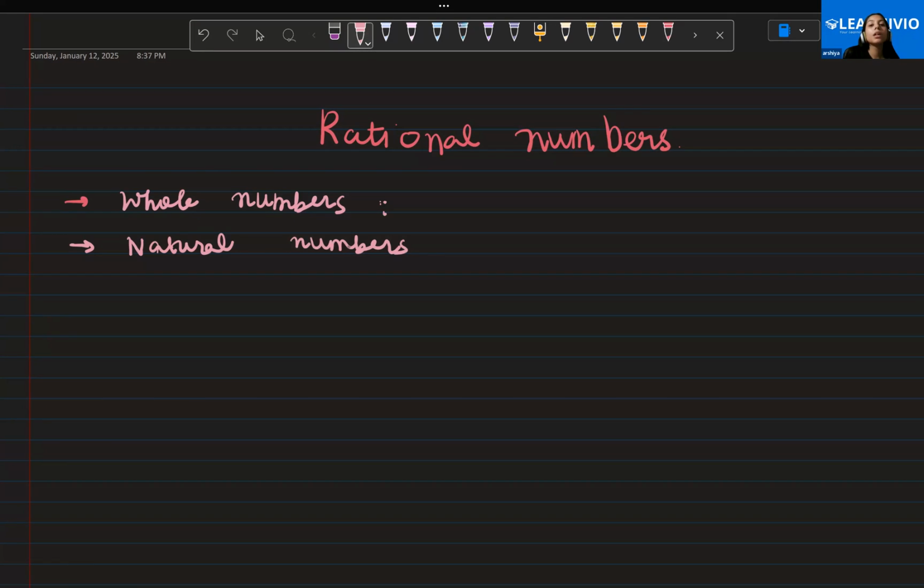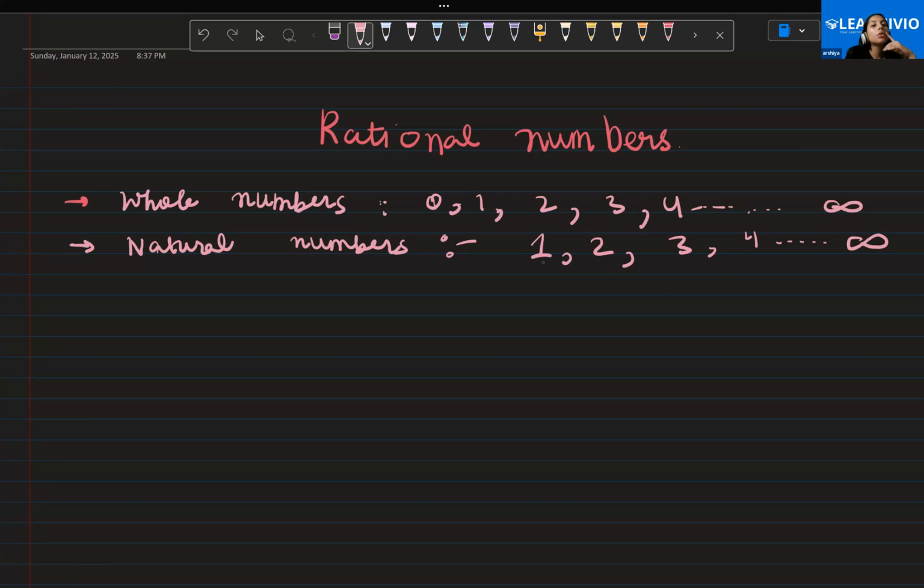Whole numbers are from 0 to infinity, because it's a whole number, so it will include all the numbers. And natural numbers start from 1 and go to infinity.